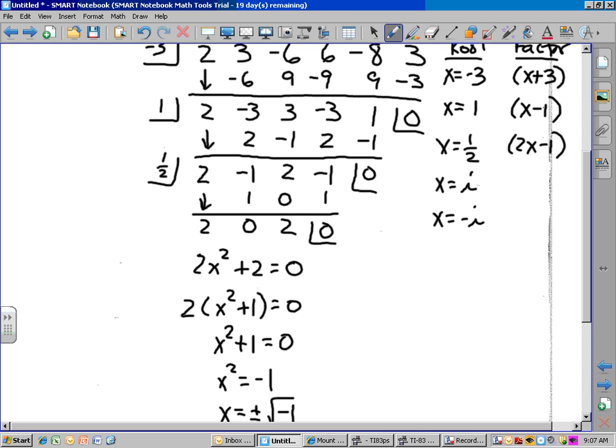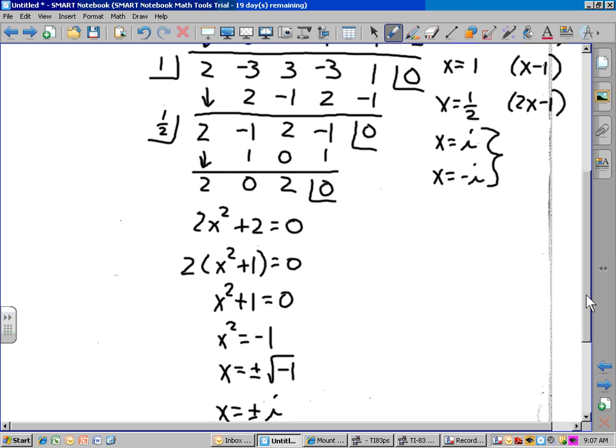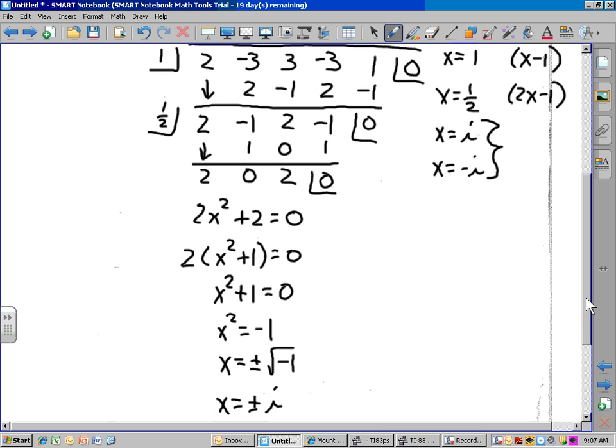Now again, when we're writing this, if we have imaginaries, or if we have square roots, I want you to write it in its quadratic form. So we go back up here. Now, do we use this or this? Do we use 2x squared plus 2, or do we use x squared plus 1?